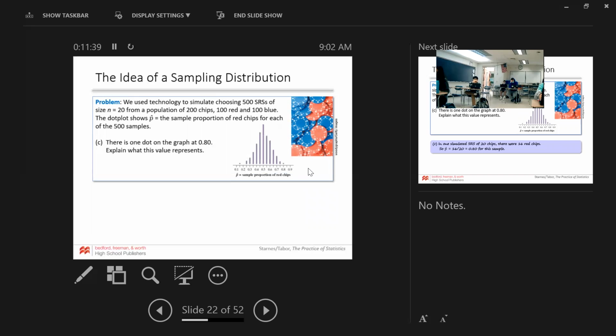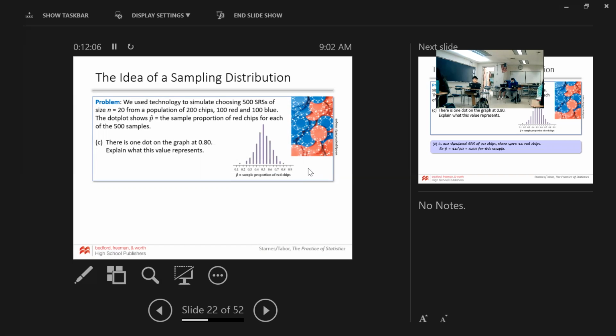So here's what happened. They did a simulation. The software will do this over and over again. That's what this distribution would look like if they did 500 repetitions of a simulation of taking 20 chips out. So 20 chips out, and whatever proportion was red, that got plotted.